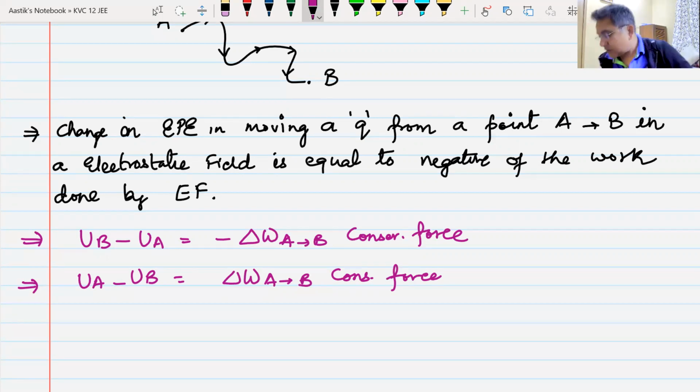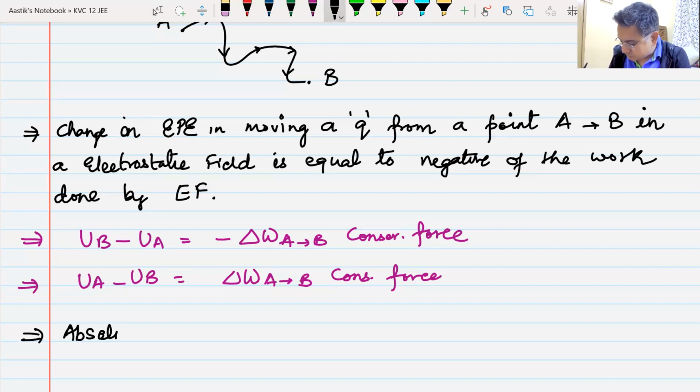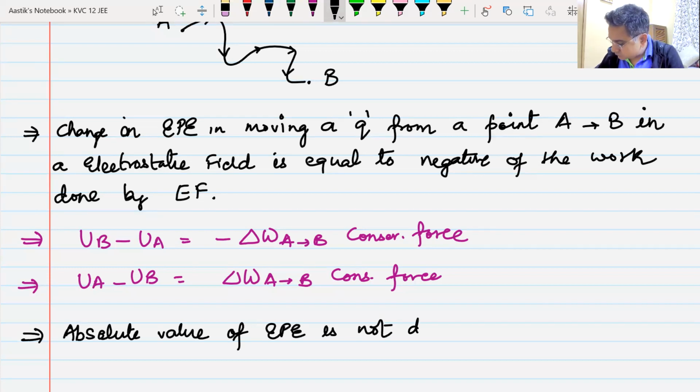Sir. Okay. Now what you got to remember is a very important point. Absolute value of electrostatic potential energy is not defined. Remember, as Einstein said, everything in the universe is relative.